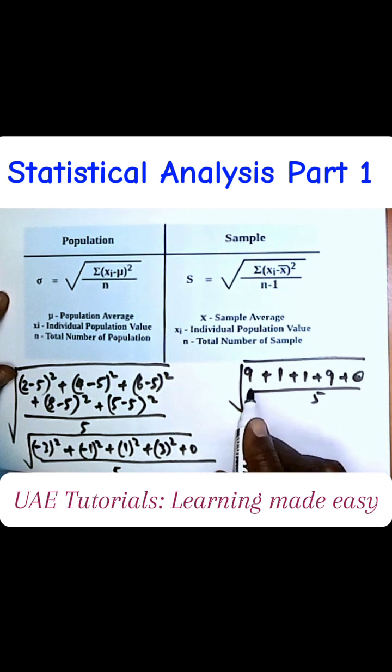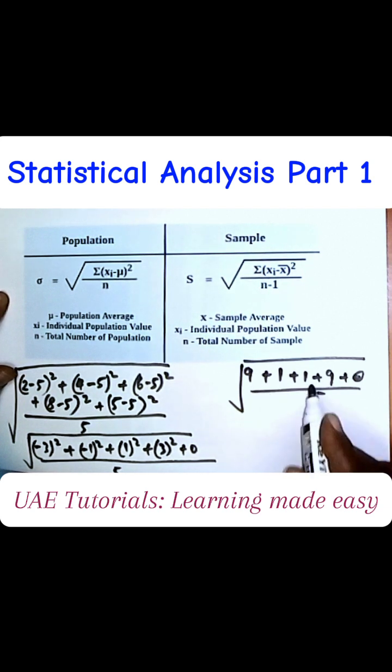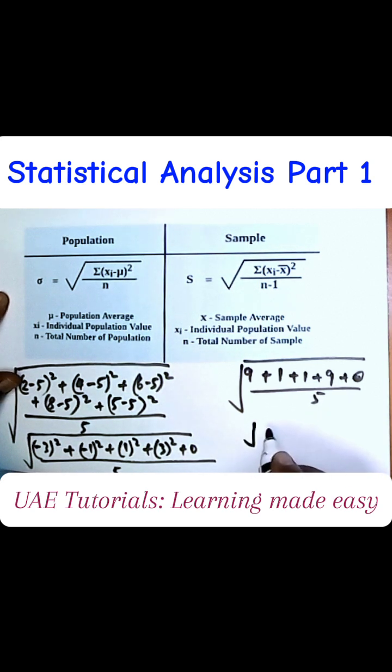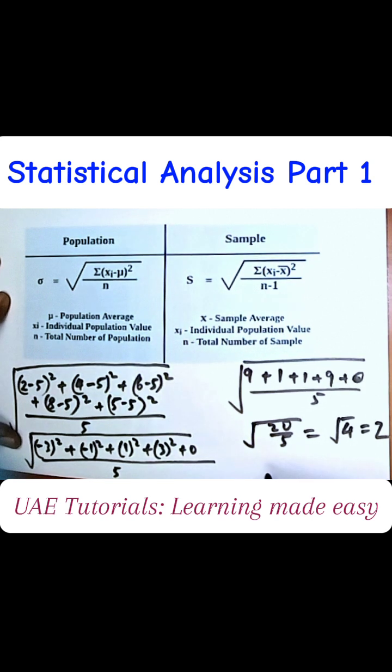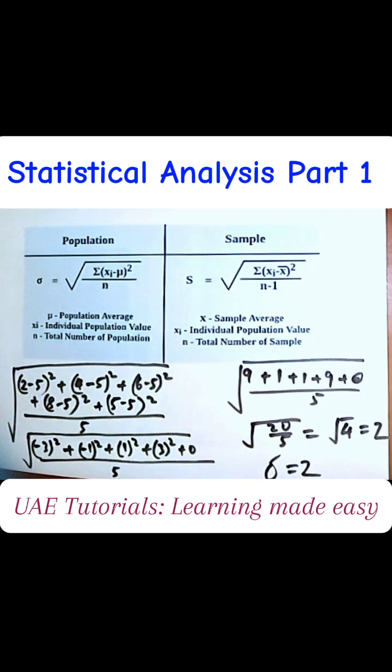All right, so 9 plus 1 is 10, plus another 10, so that's 20. The square root of 20 over 5. 20 over 5 is 4. The square root of 4 equals 2. So the population standard deviation, sigma, equals 2. Got one of our results.